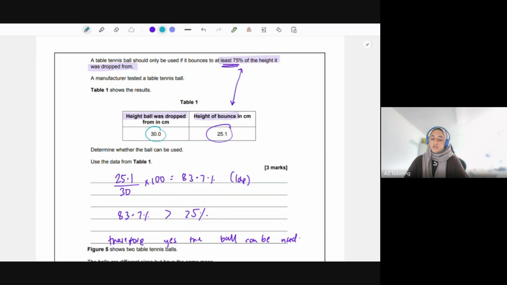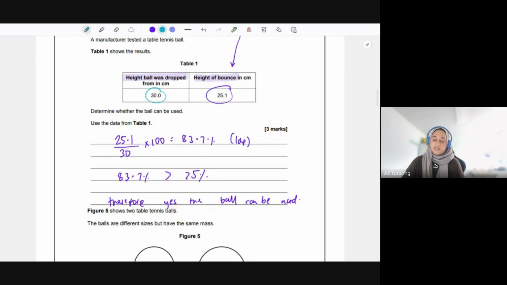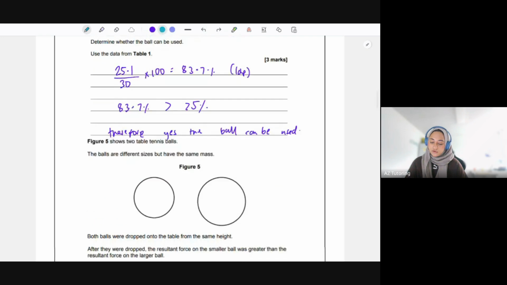That doesn't really make sense. You want to see is 25.1 75% of coming back up to that 30. So yeah, a bit of basic maths. If you did end up doing it the other way around, 30 divided by 25.1, you would have ended up getting an answer of more than 100%, which doesn't make sense. 25.1 is less than 100% of where the ball was dropped from.